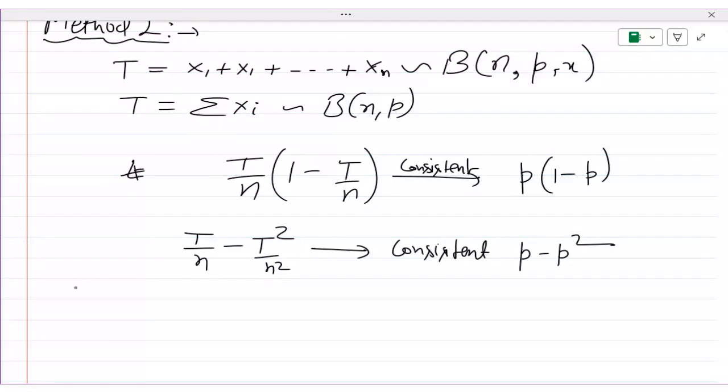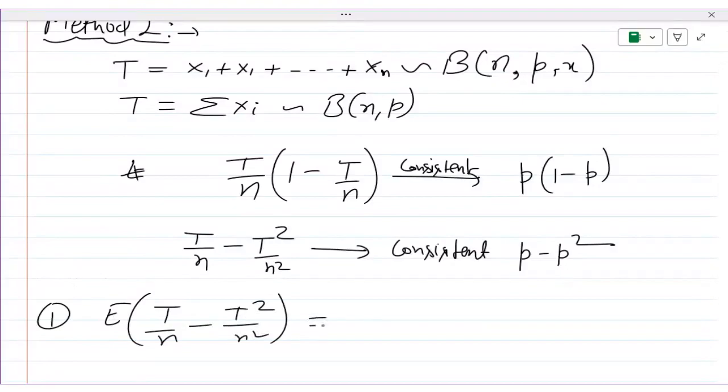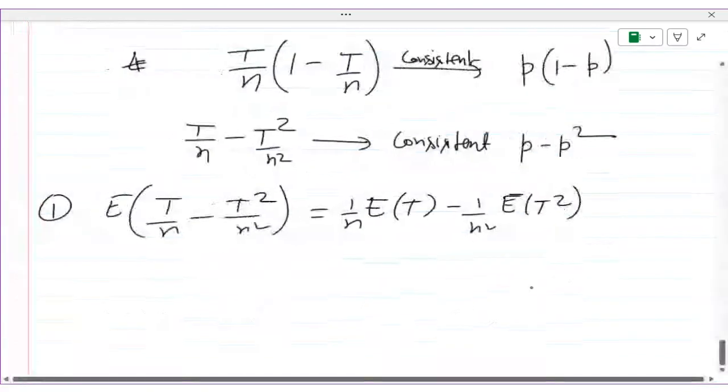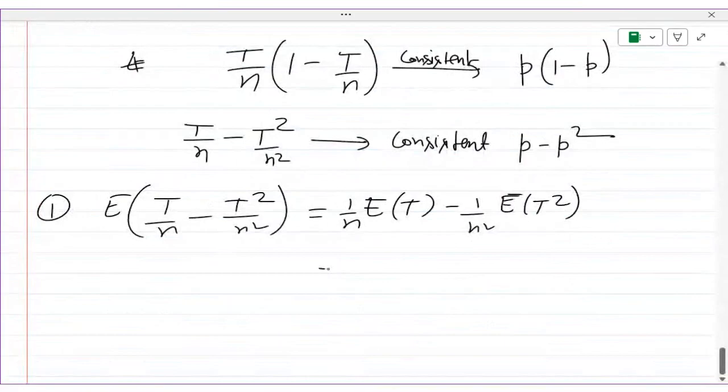If I find the expected value of this first, T by n minus T square by n square, so 1 by n is constant, expected value of T, minus 1 by n square is constant, expected value of T square. Now because T follows the binomial distribution, the expected value of T will be np divided by n, minus 1 by n square as it is.